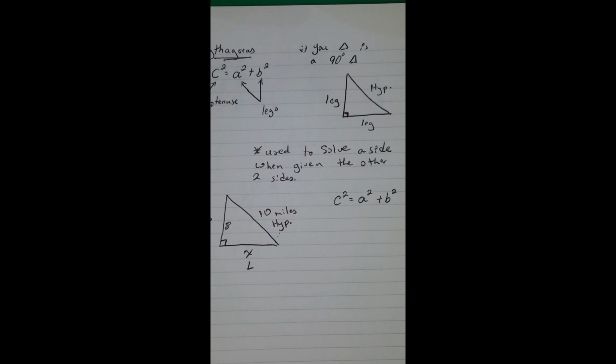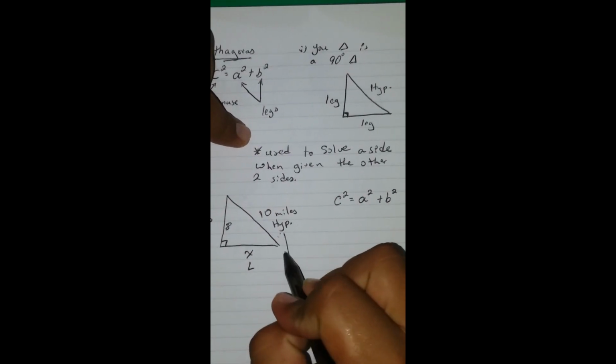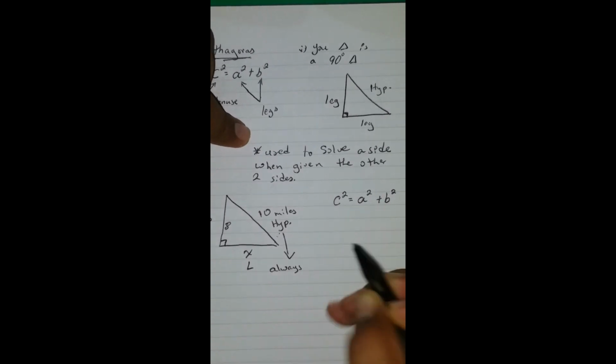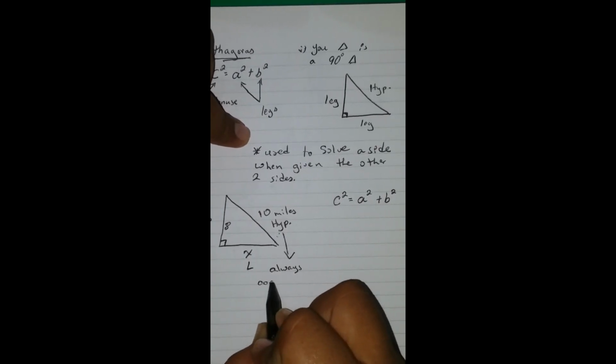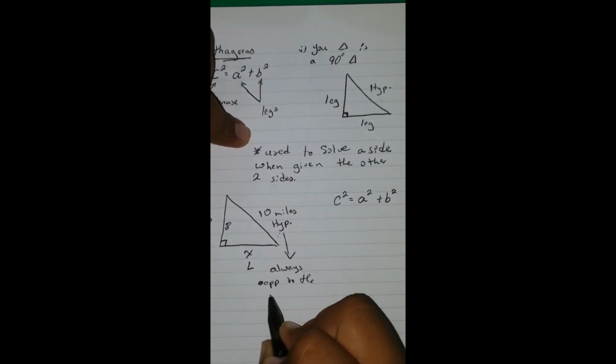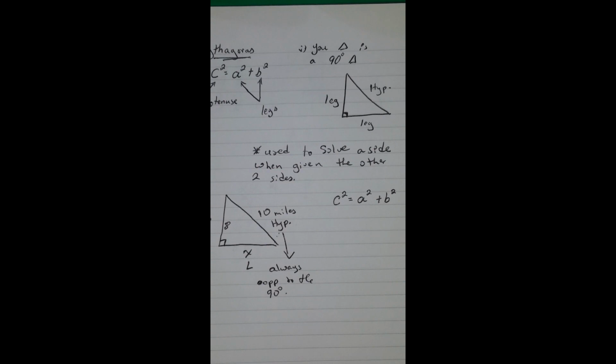Hence, how do I identify the hypotenuse? It is always opposite to the 90 degrees, right? So first thing I have to do is just identify where the 90 degrees is.